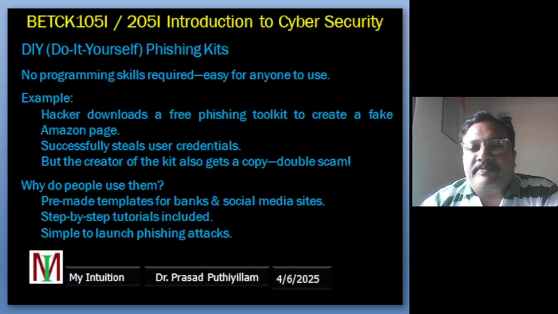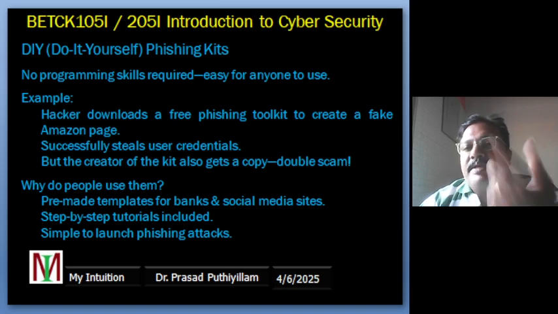Do it yourself phishing kits. Some phishing toolkits are available for free, allowing anyone to create phishing websites without programming skills, without coding skills. However, many free phishing kits have hidden backdoors, meaning that the creator of the kit can steal any data collected by the person using it.